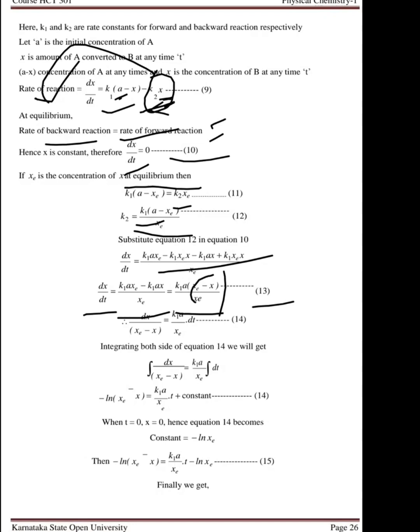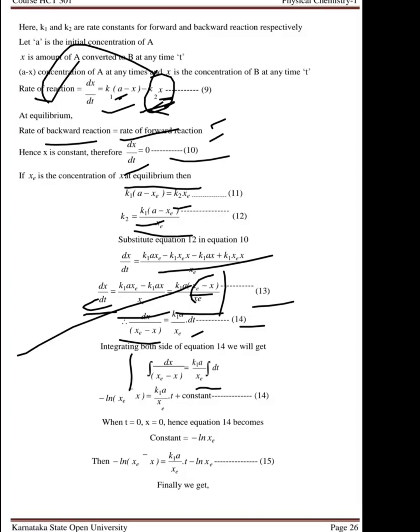This is equation 13. Taking (xe minus x) to the left-hand side, dx by (xe minus x) is equal to K1 a by xe into dt. This is equation 14. Integrating both sides, the integral of dx by (xe minus x) equals K1 a by xe times the integral of dt.